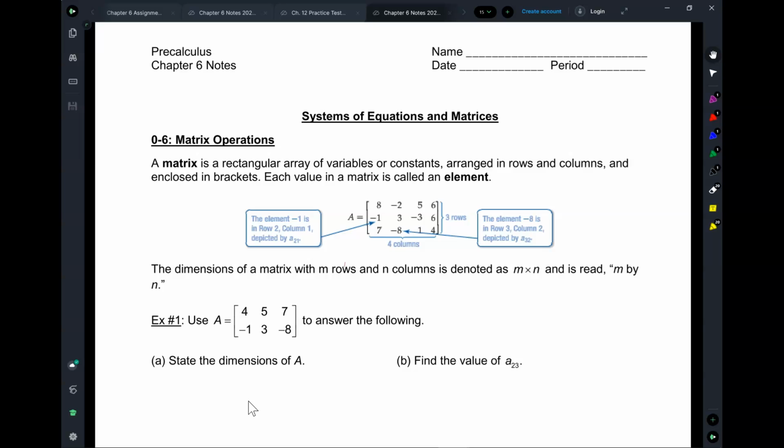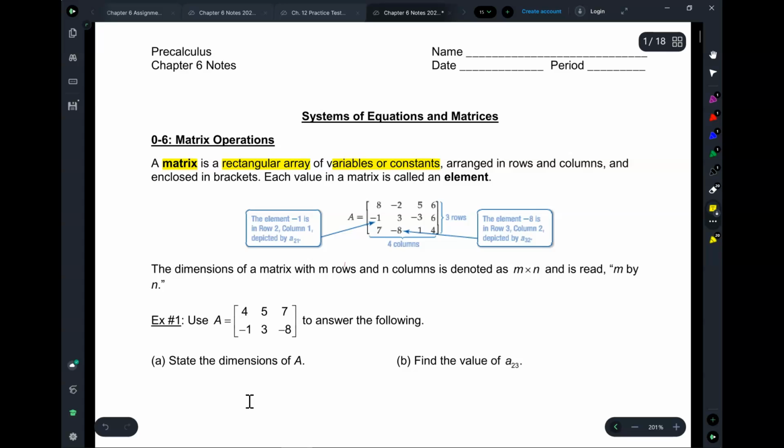Okay, so in this chapter, we're going to be talking about systems of equations, all right? And the first thing we're going to talk about is matrix operations. So what is a matrix? A matrix is a rectangular array, right? An array is just an ordering of things. It's a series of things. It's a rectangular array of variables and constants.